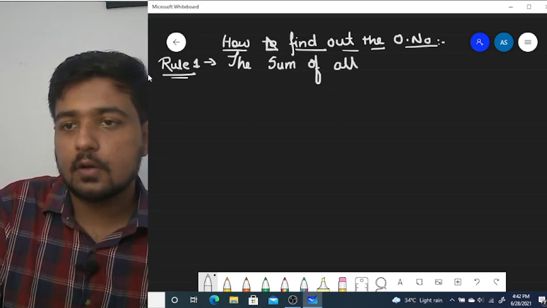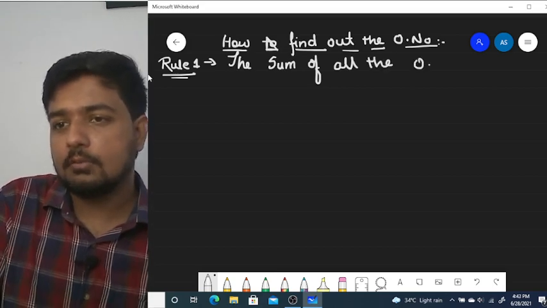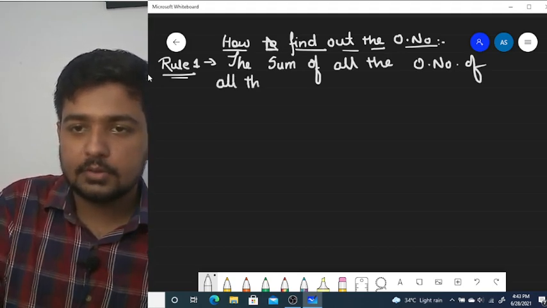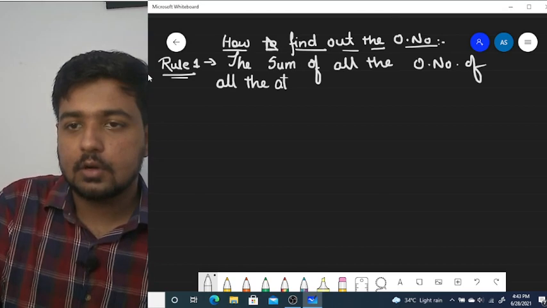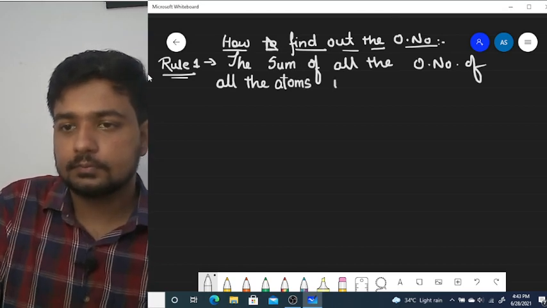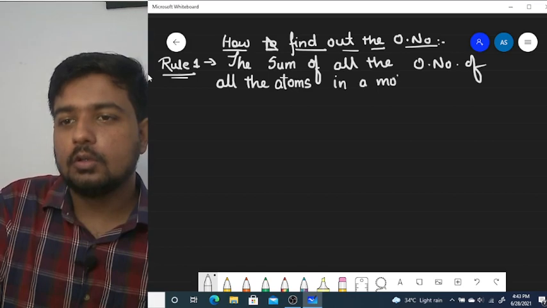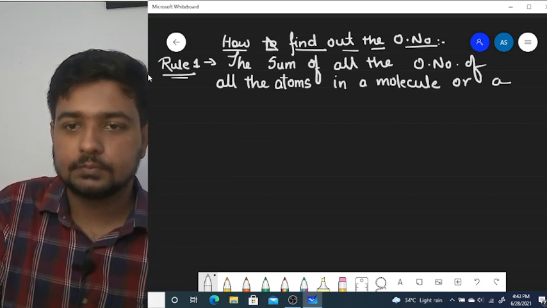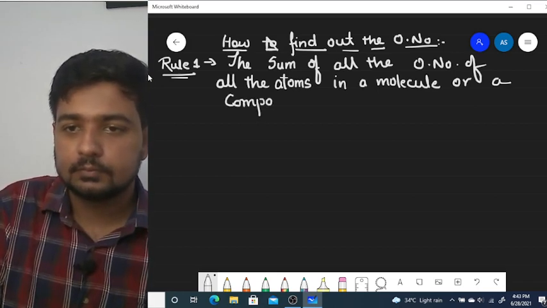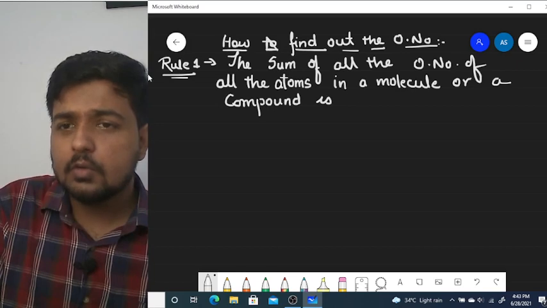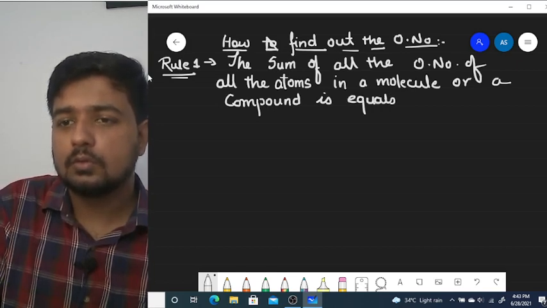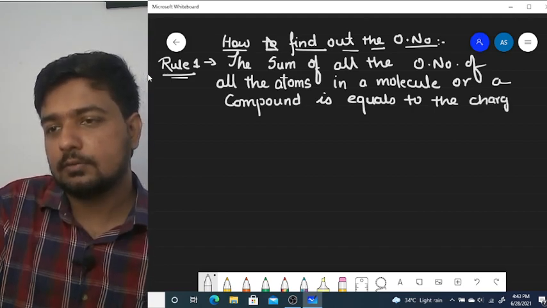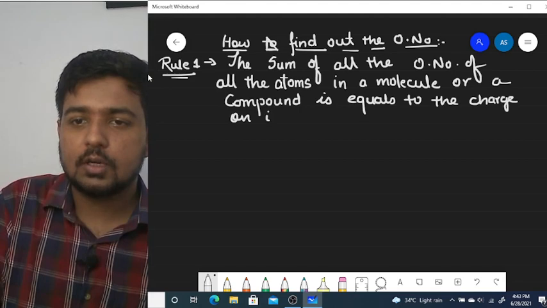The sum of all the oxidation numbers of all the atoms in a molecule or a compound is equal to the charge on it.